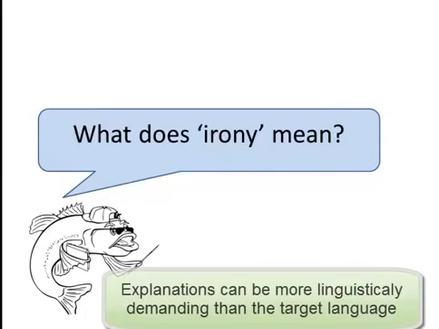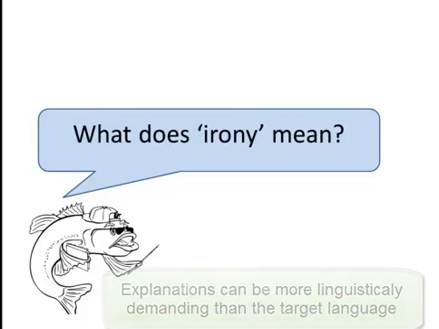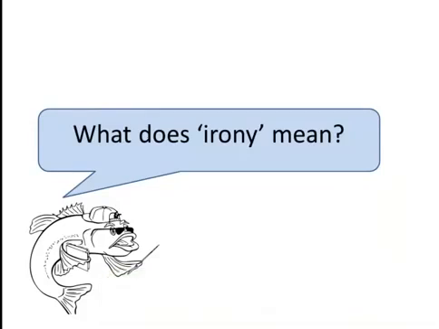This is particularly true at low levels where learners don't have a lot of language to explain with. So it's linguistically more difficult to explain the meaning. So that's not a helpful question.